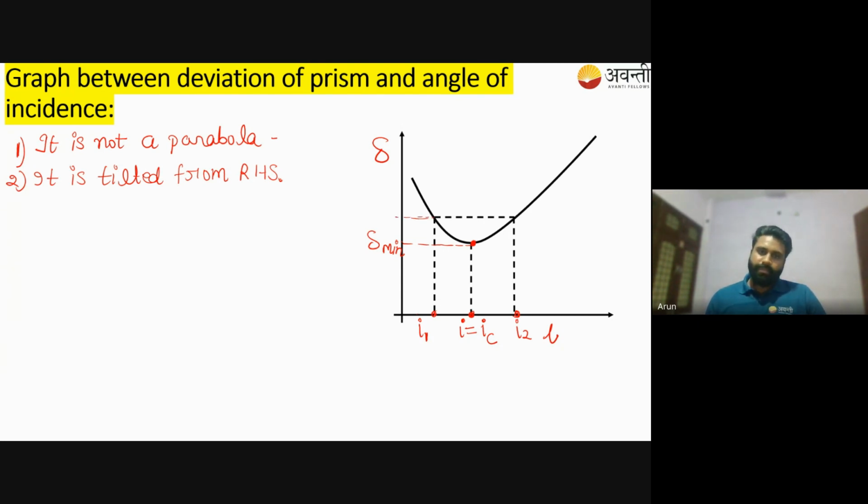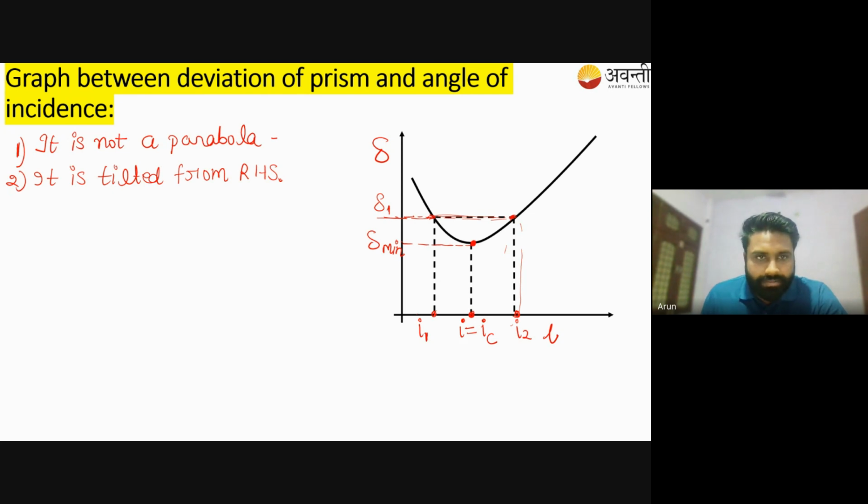This graph is cutting at this point, and this point is similar to this point. This is also called the principle of reversibility. The same value of deviation, let's say del 1, is there for I1 and also for I2. Got it?